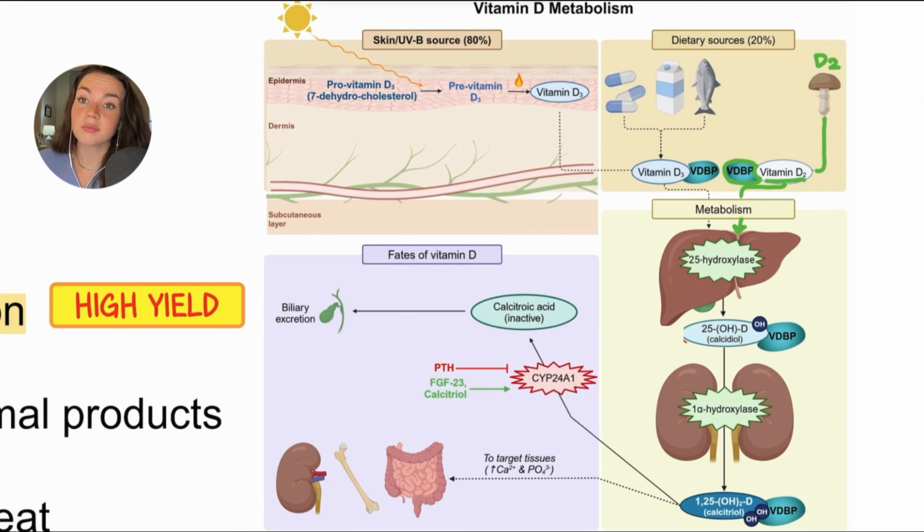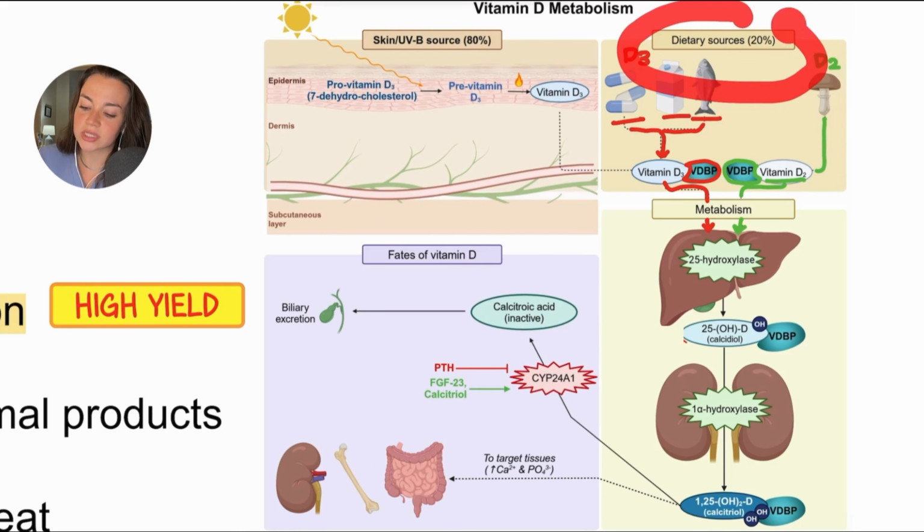Now, the other non-plant dietary sources of vitamin D are going to be in the form of vitamin D3, cholecalciferol. And this includes fish, dairy, and supplements. The vitamin D from these sources comes in the form of vitamin D3, which will bind to the vitamin D binding protein as well, go to the blood to the liver for metabolism in the same way. Only 20% of the vitamin D in your body comes from dietary sources.